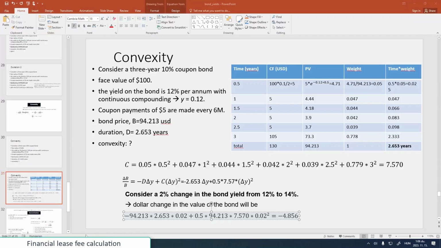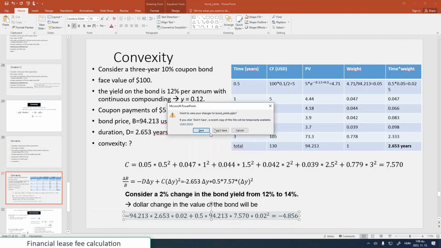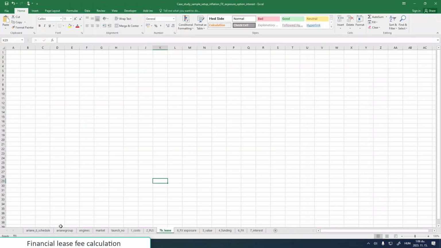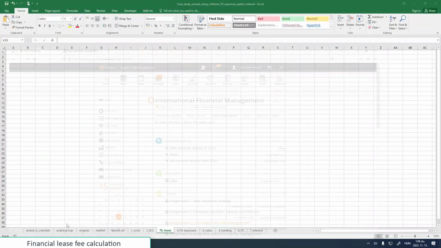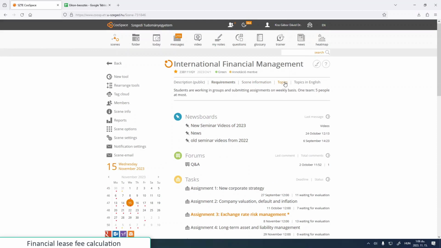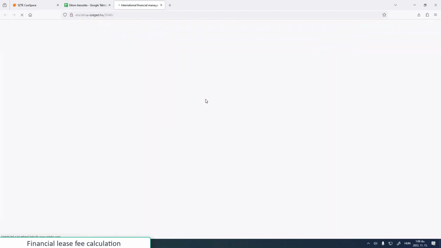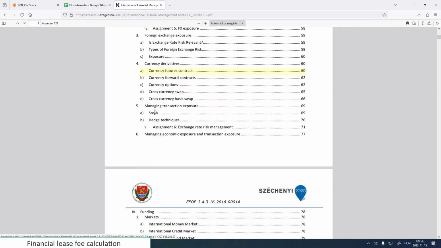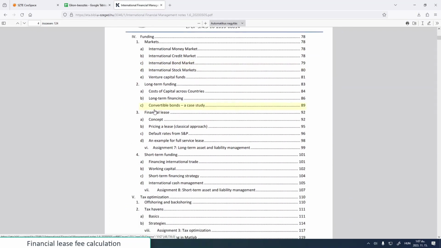So I can close this down. Okay, let's save it, because I modified the 0 here. Then requirements or topics? Topics. Where we got the lecture notes with financial lease, pricing a lease.